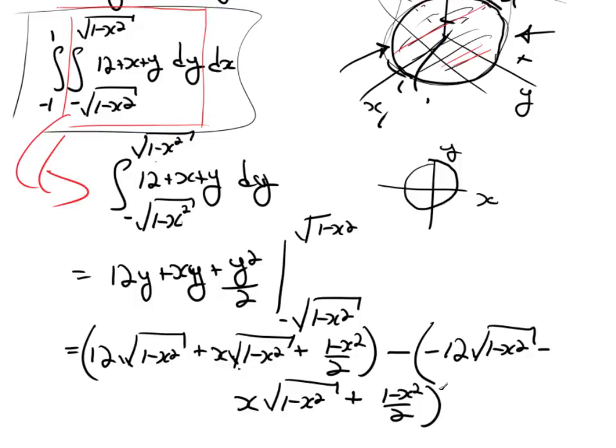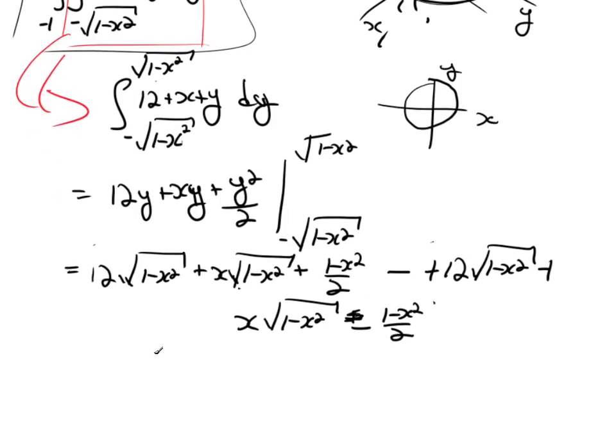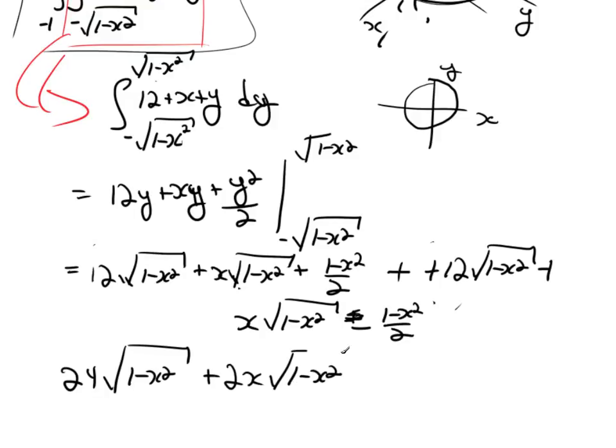Now, if I drop this paren, I need to go through and change all these signs. That becomes a negative, so I can drop the parens. Let's combine these. I'm going to have 24 times the square root of 1 minus x squared, and then this is a plus, so this is going to be plus 2x times the square root of 1 minus x squared.